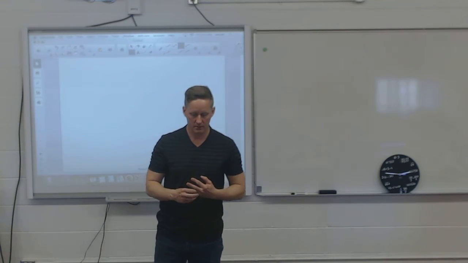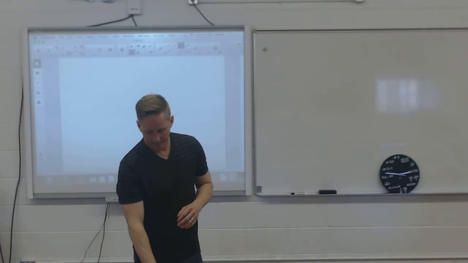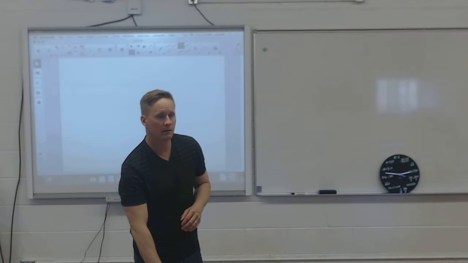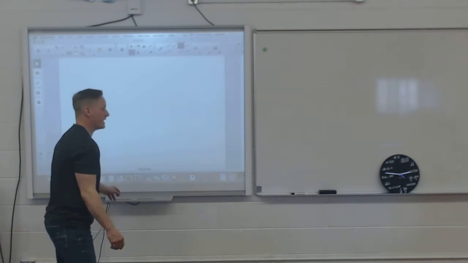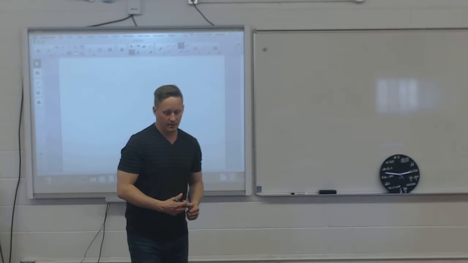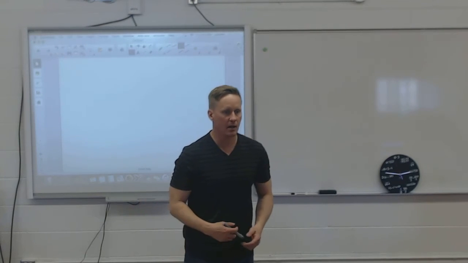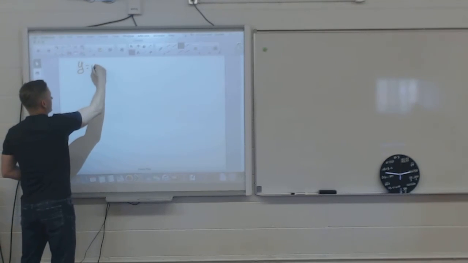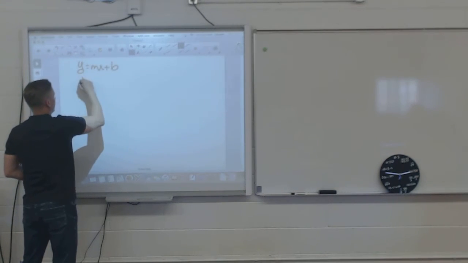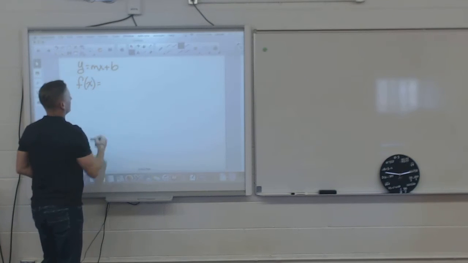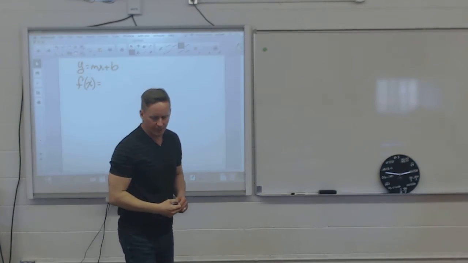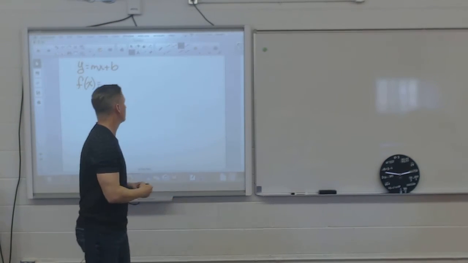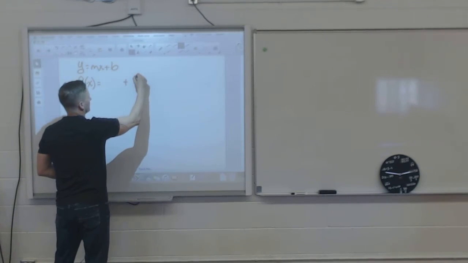Okay? Good so far? The second way to do that is find the equation of each of the lines. So, y equals mx plus b. f of x equals. What's the y-intercept for f of x? 3.